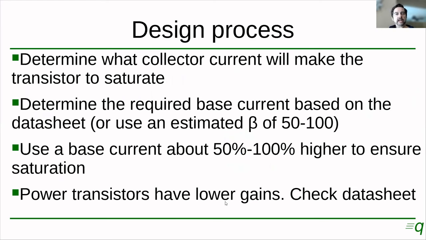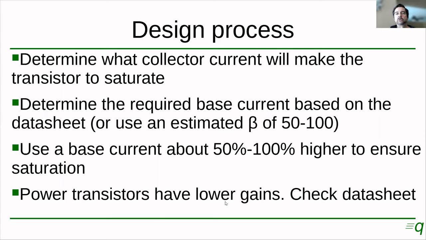So how do we design a circuit to use a transistor as a switch? So first, we determine what collector current would make the transistor saturate. Depending on what we have connected on the collector, what resistance and what voltage we have there, there's going to be some current that's going to make the transistor saturate.